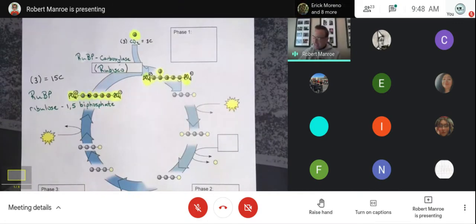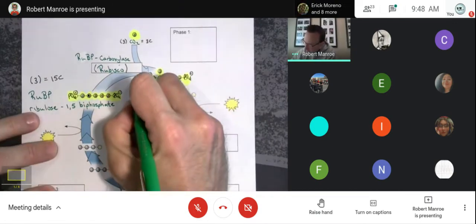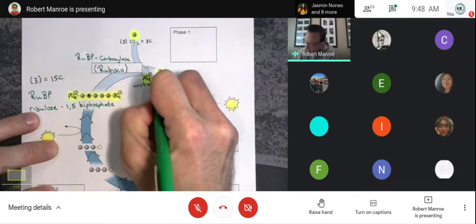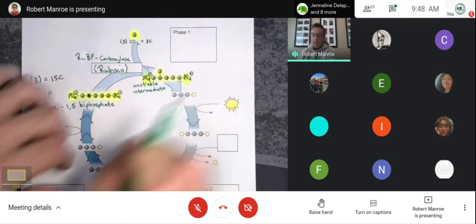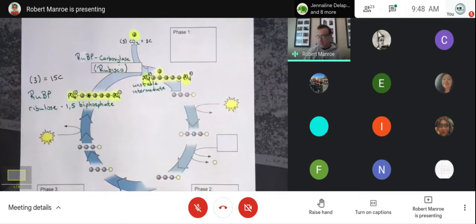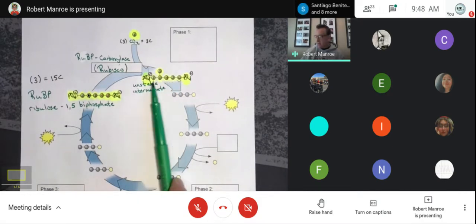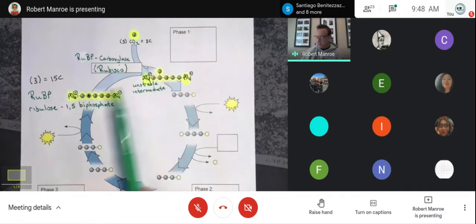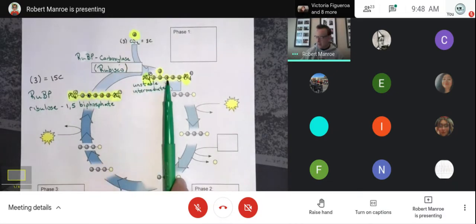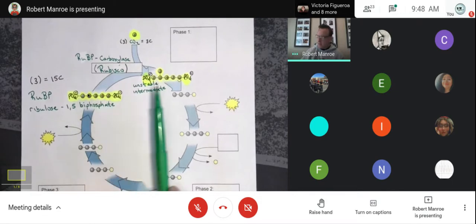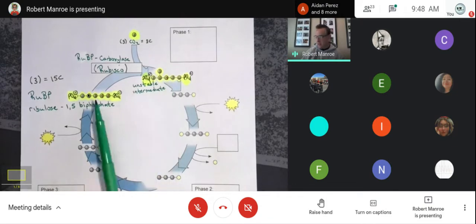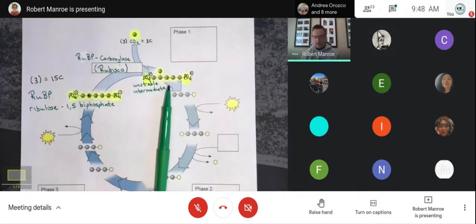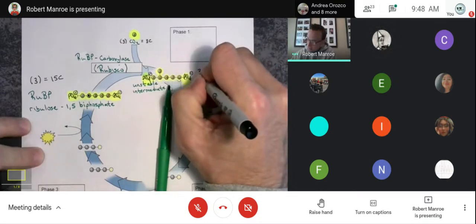This is called an unstable intermediate. It's so unstable, we don't even give it a name. Okay? Well, if each unstable intermediate has 6 carbons, and it was 5 plus 1 is 6, if you had 3 of these, how many of these do you have? 3.